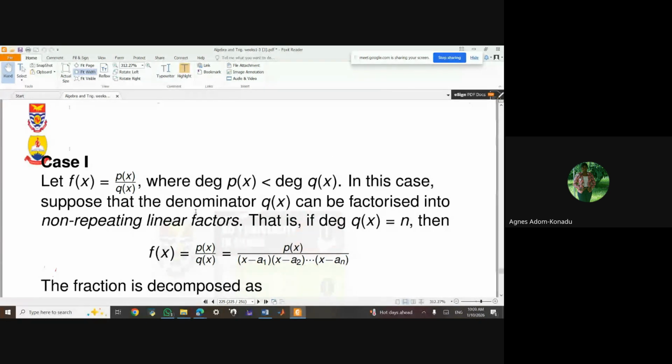In this case, suppose that the denominator q(x) can be factorized into non-repeating linear factors. That is, if the degree of q(x) is n, then p(x) divided by q(x) is equal to p(x) over (x minus a1)(x minus a2) up to (x minus an).